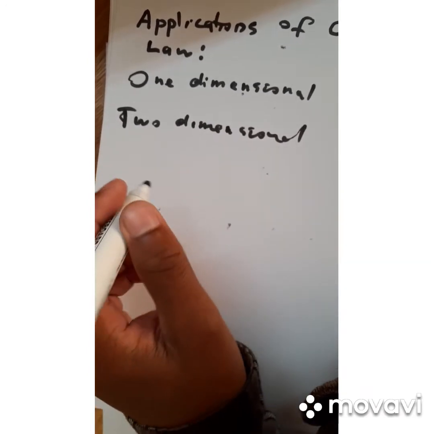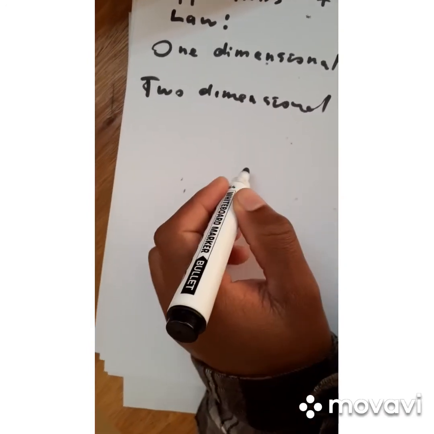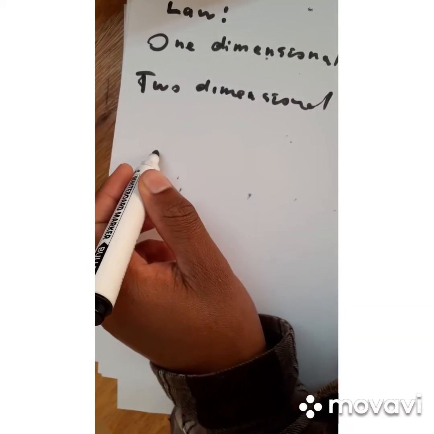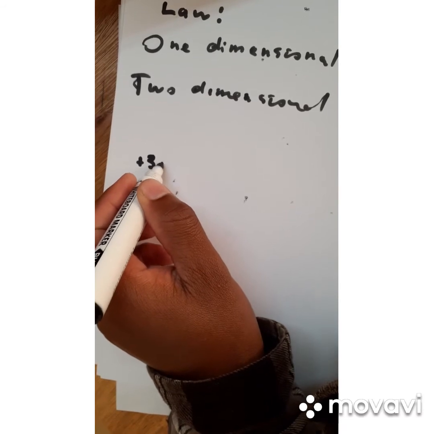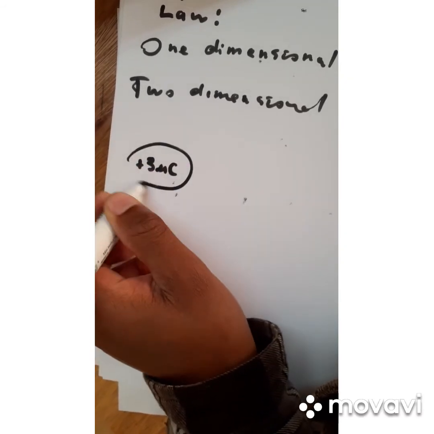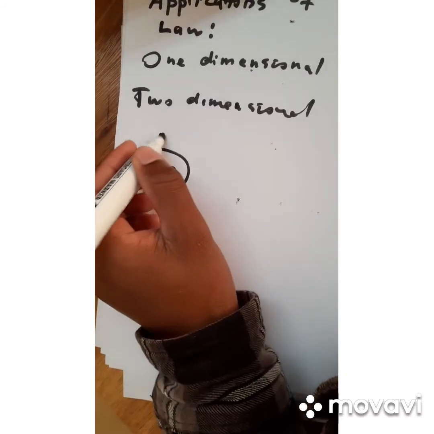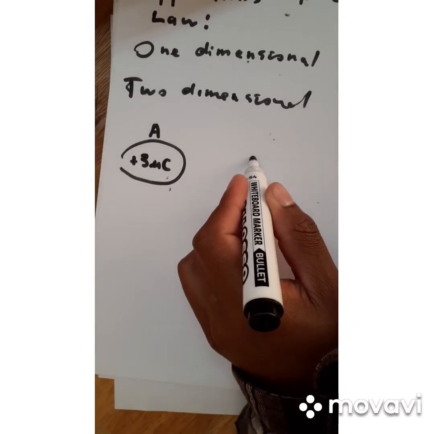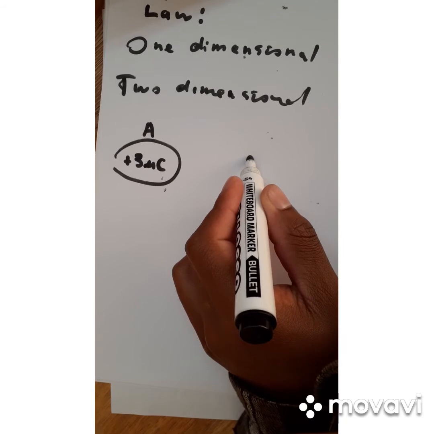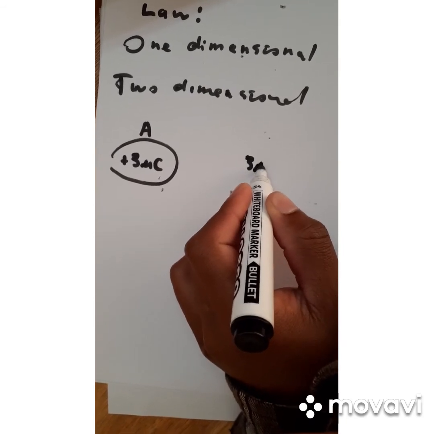For instance, suppose now you have a charge of 3 microcoulomb. It's a positive charge, say charge A. We have another charge of 3 microcoulomb.